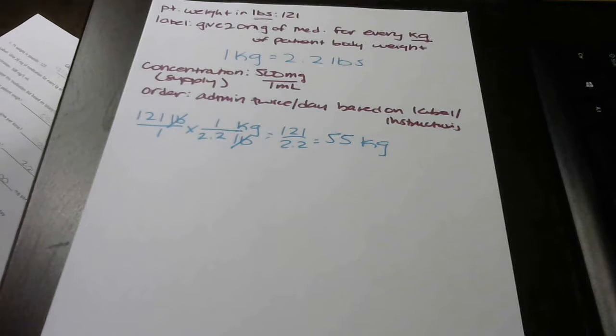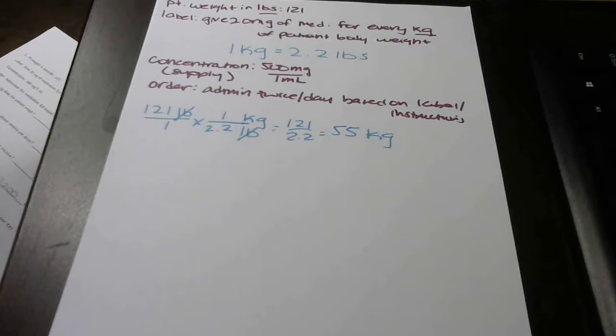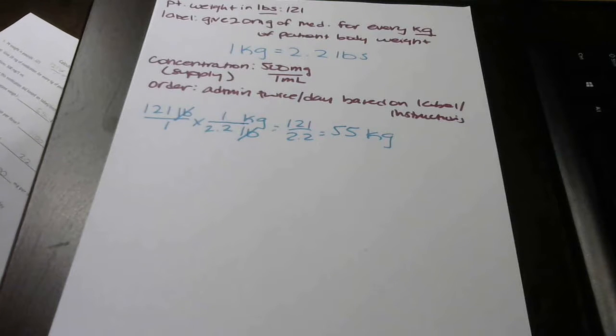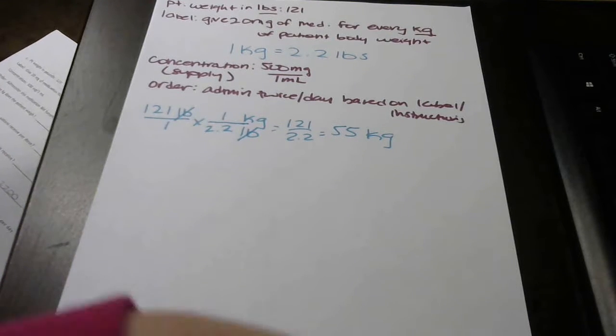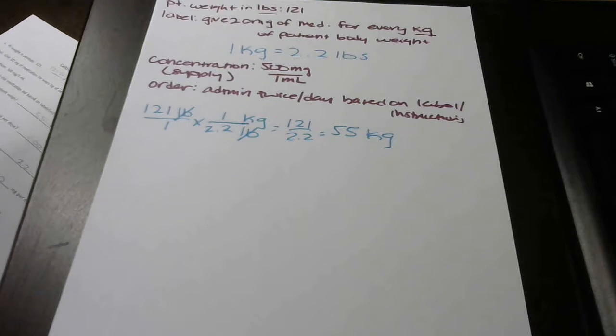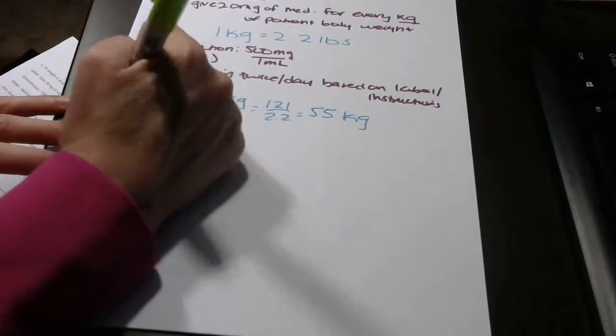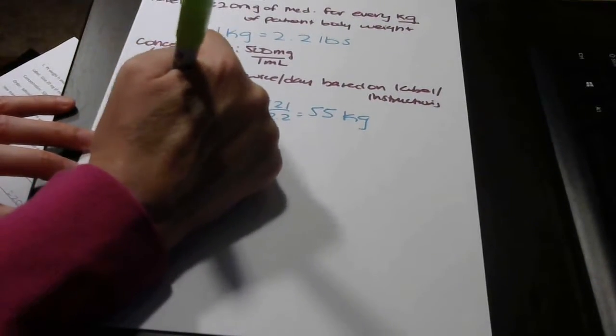The next question is, how many milligrams should the patient receive per dose? So our instructions are, give 20 milligrams of medication for every kilogram of patient's body weight. Right now we're trying to find out milligrams per dose.